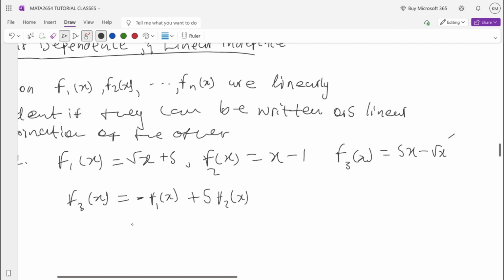So I have minus of my f1, which is root x, plus 5 times my f2, which is x minus 1.